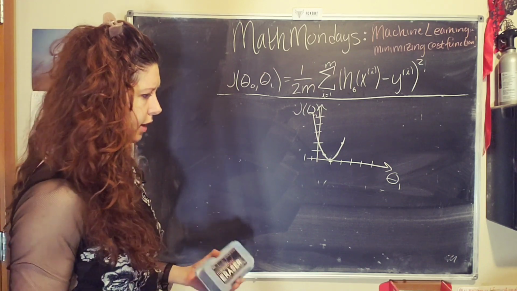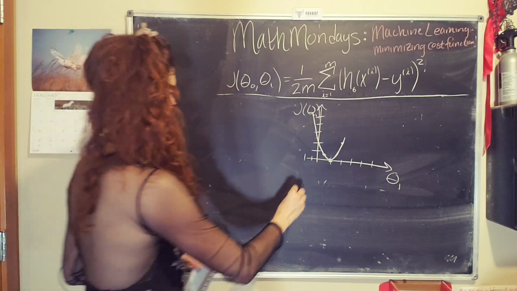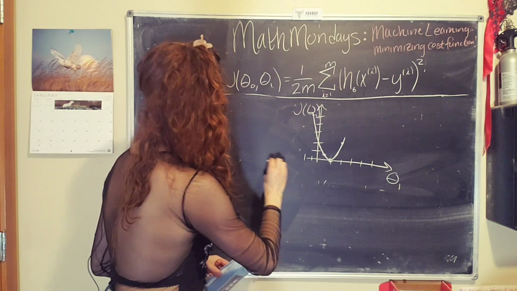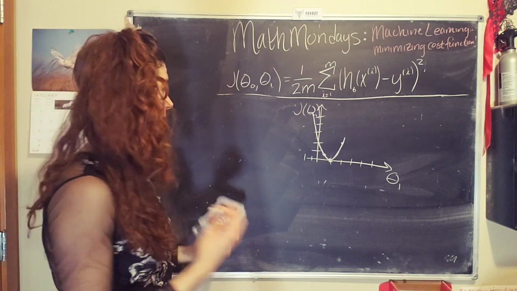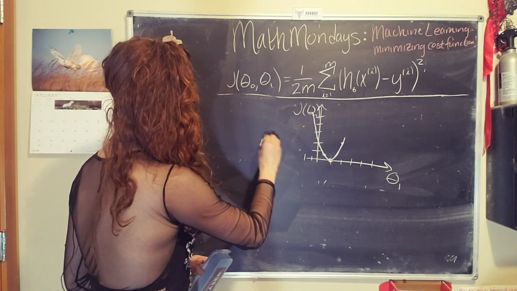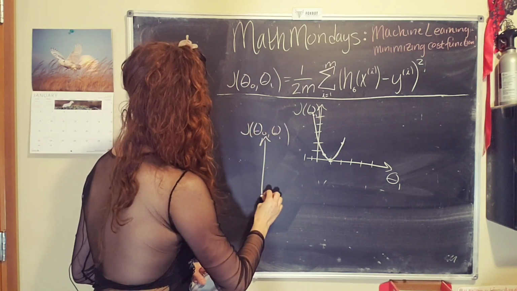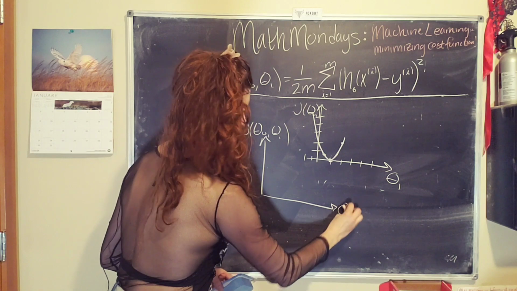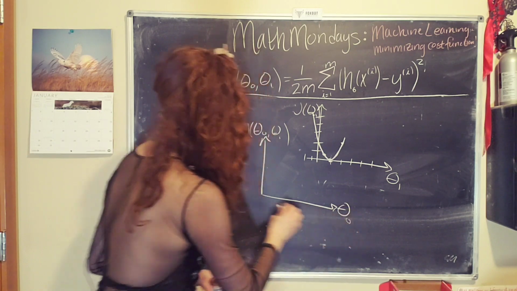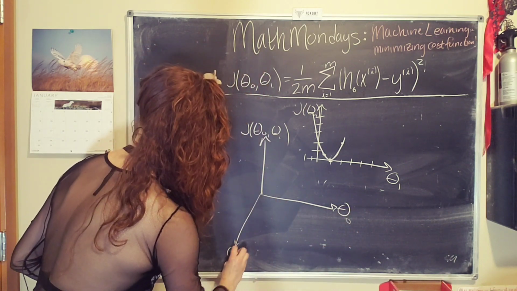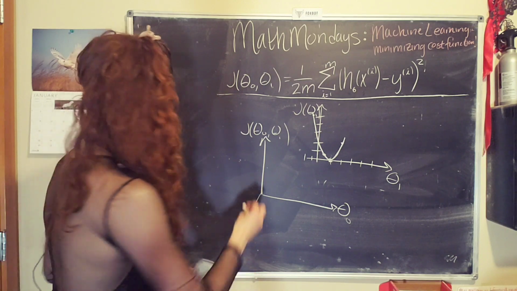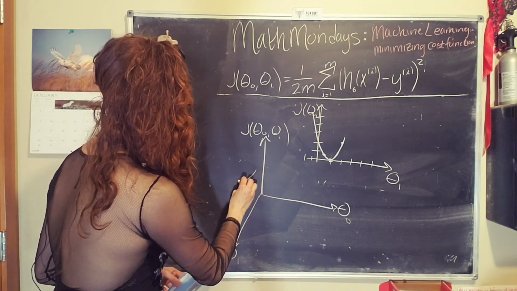And so if we have 2 parameters, we're going to have a cost function that depends on 2 variables. So our vertical axis is going to be J of theta naught, theta 1. We're going to have theta naught over here, theta 1 here. And we're going to get something that's like a bowl.